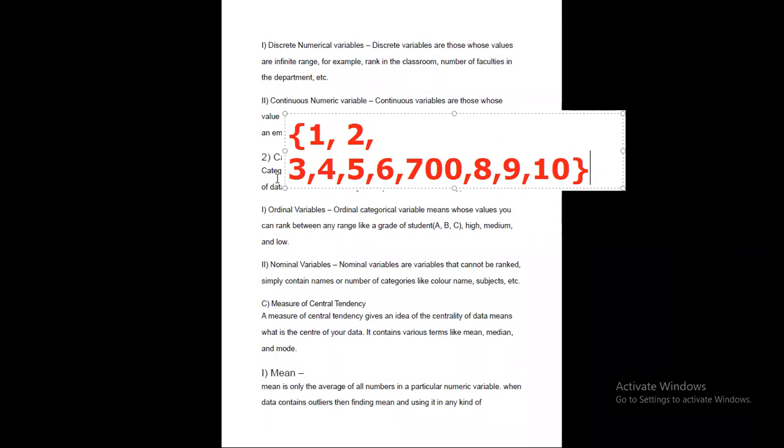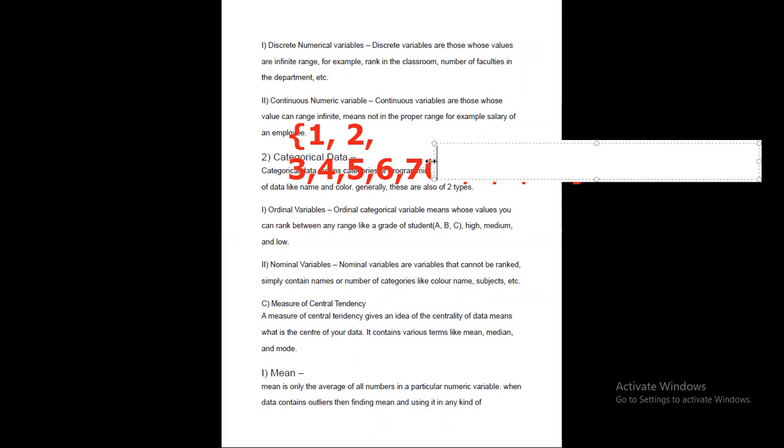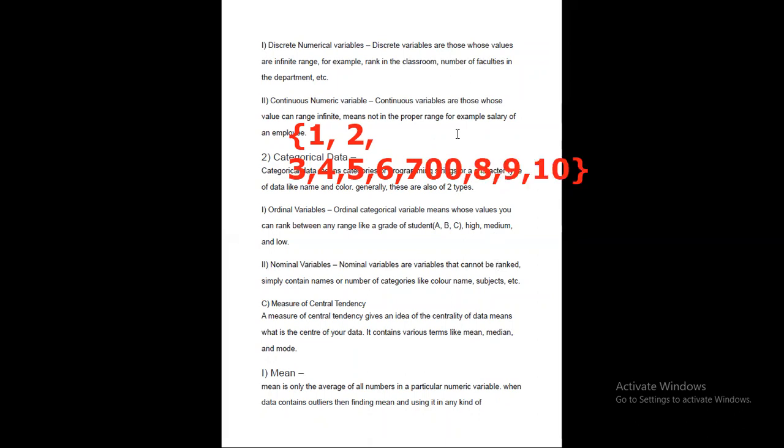Okay, next. Come on, be quick with the answer. 700 is a larger number than others present in the data set. Okay, 700 is larger than the other numbers. Good. Next.